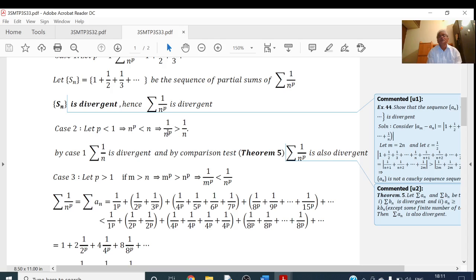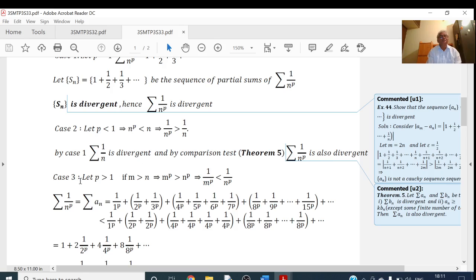Here, an is greater than bn and sigma bn is divergent. Therefore, by comparison test, sigma an is also divergent. That is, here summation 1 by n to the power of P is also divergent.